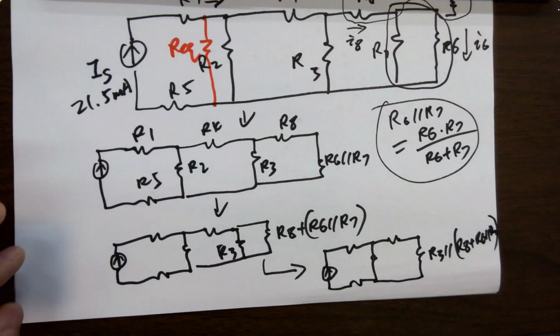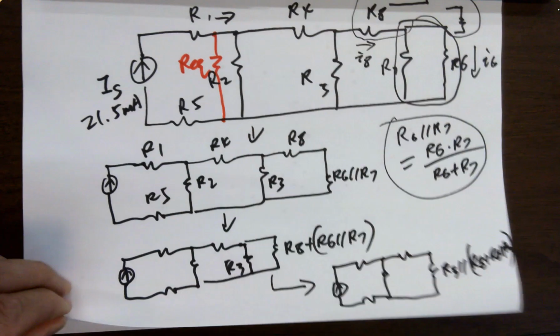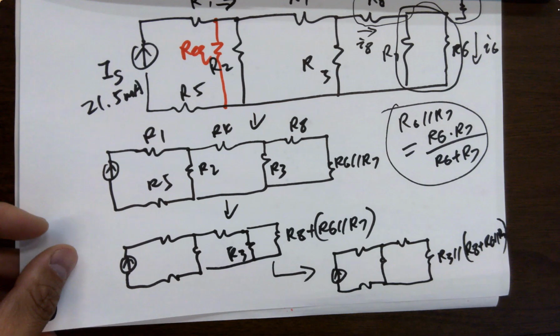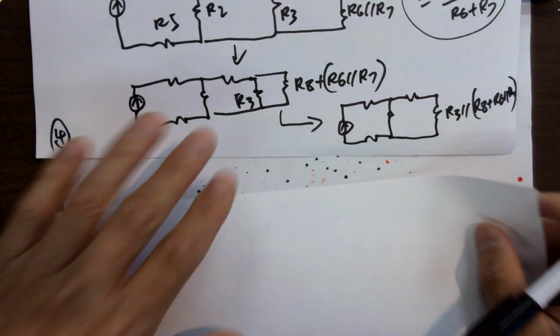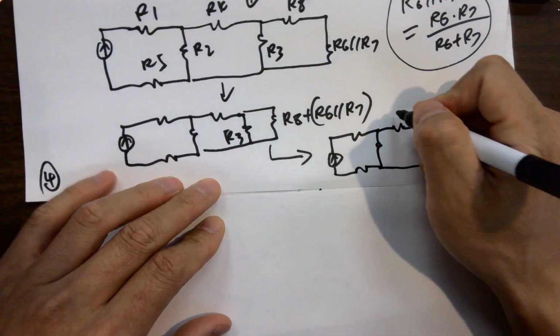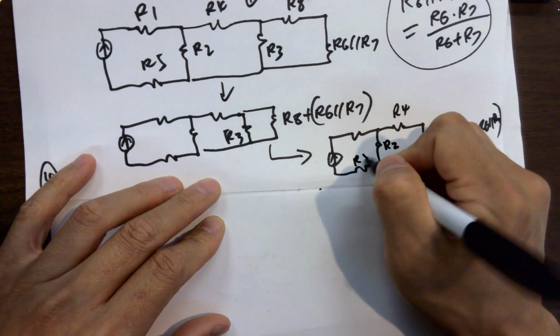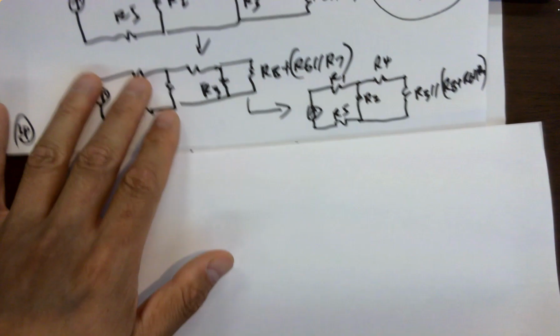Okay. Next. And it's R4, it's R2, R5, R1. Next.